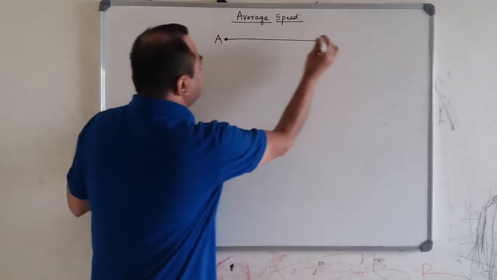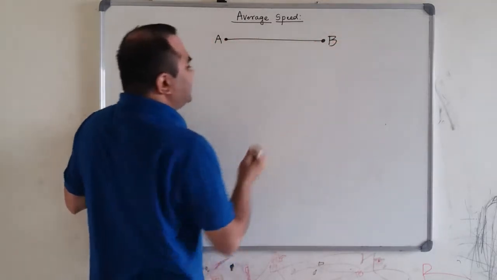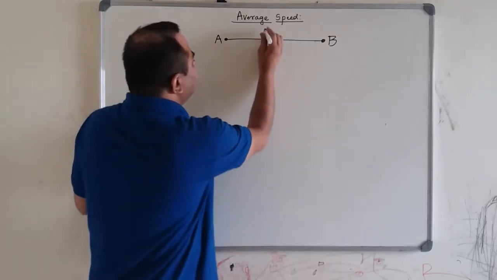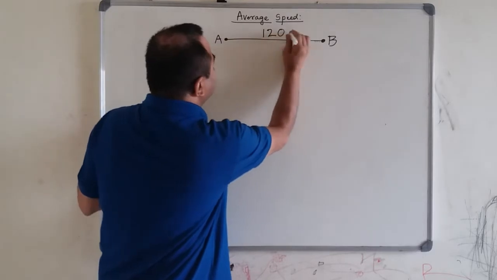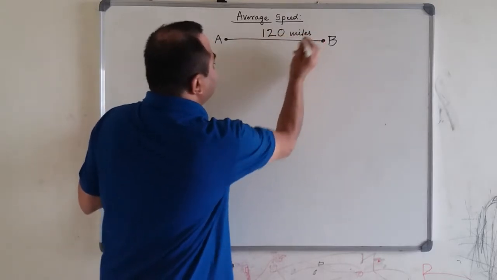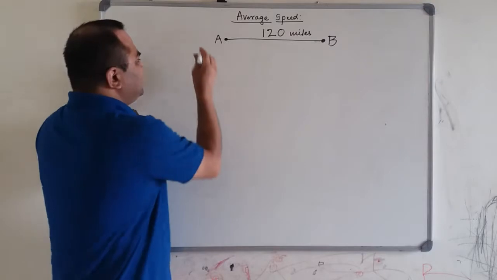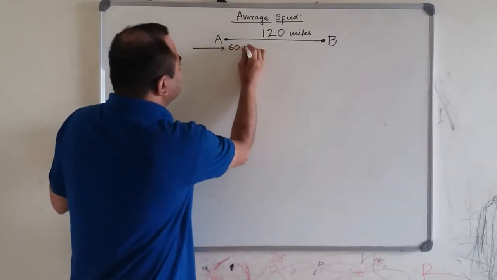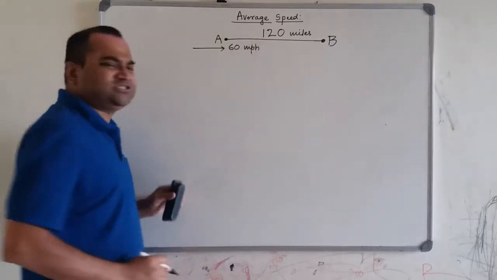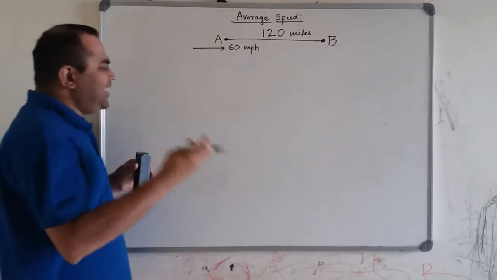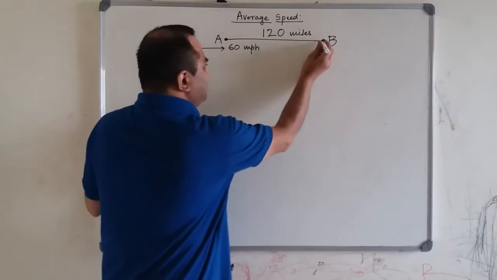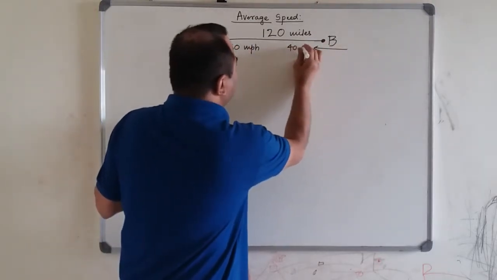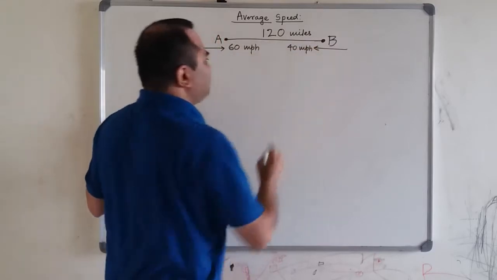Consider two cities A and B. Let the distance between the two cities A and B be taken as 120 miles. Consider a car traveling from city A to city B at an average speed of 60 miles an hour, and let the car travel back from B to A at an average speed of 40 miles an hour.